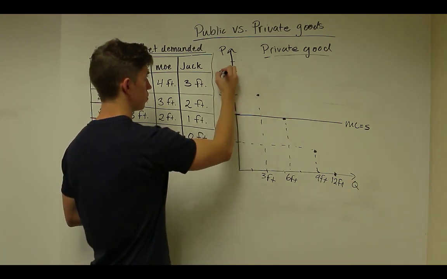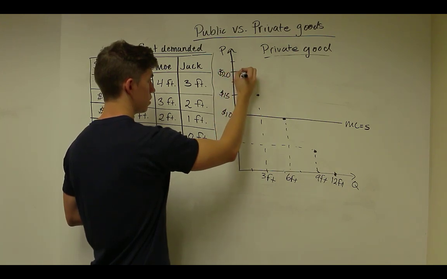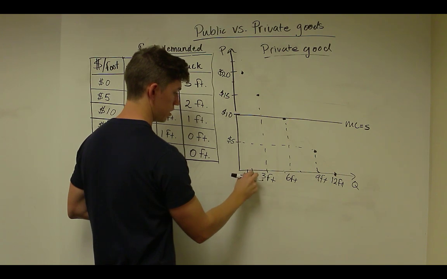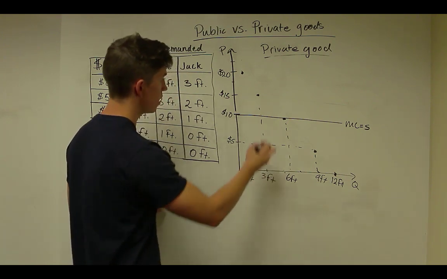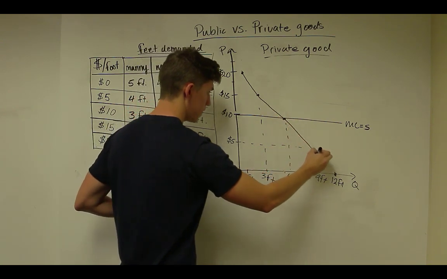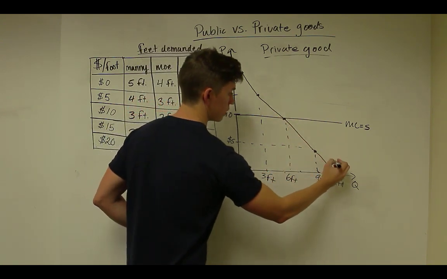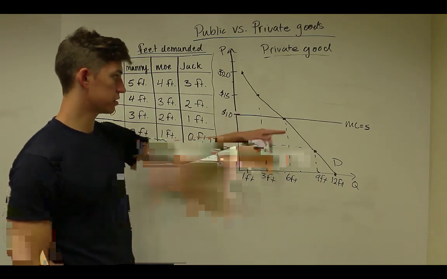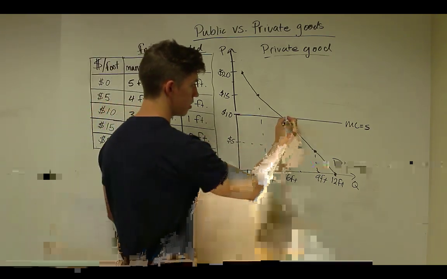Now we have derived the private good demand, and we can find where supply equals demand, which is at 6 feet at $10.